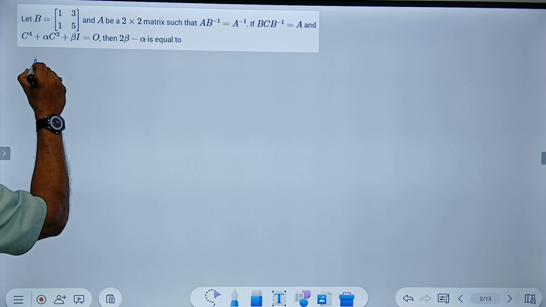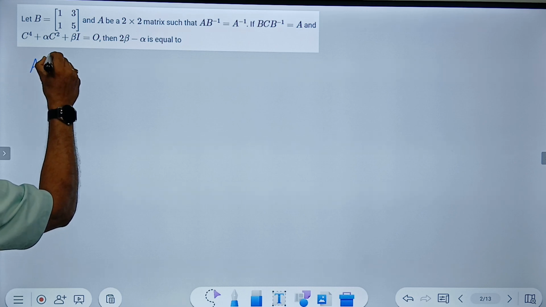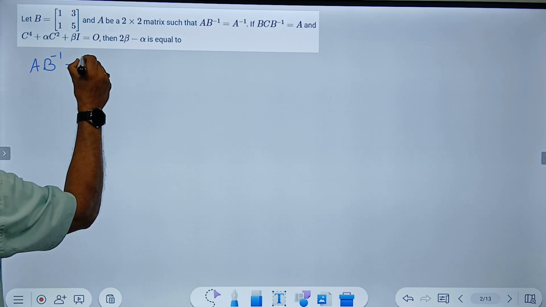It's given that A B inverse is A inverse.